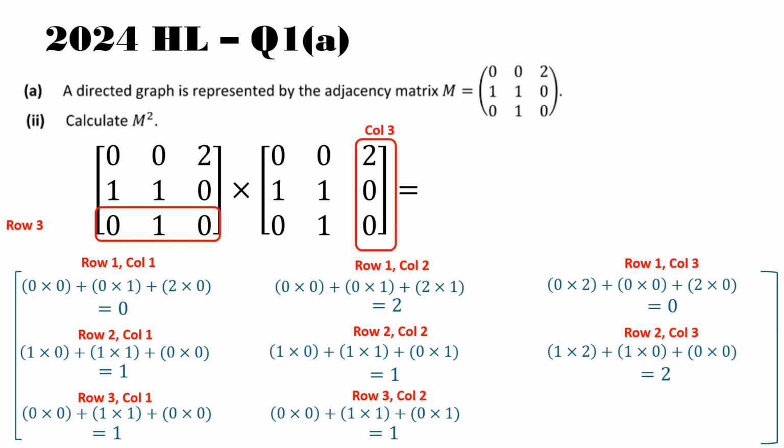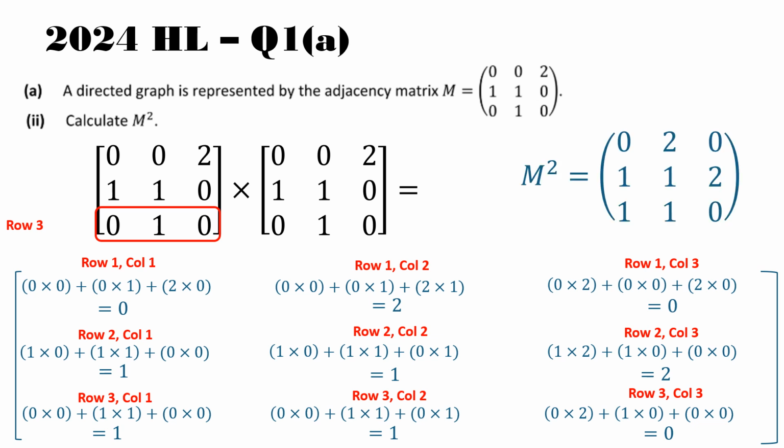That gives us a final answer of 1. And for the last entry, we're doing row 3 by column 3, and that gives us 0 by 2 plus 1 by 0 plus 0 by 0, which gives us a final answer of 0. So our final answer for M squared is 0, 2, 0, 1, 1, 2, and 1, 1, 0.